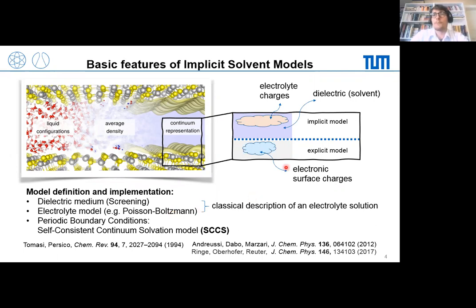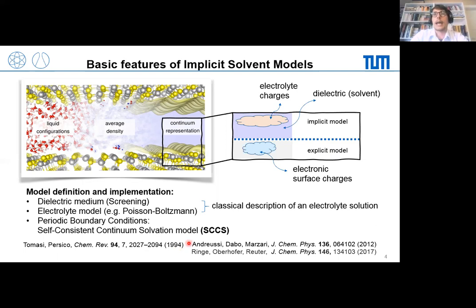Now, such quantum mechanical models coupled to continuum solvation models have been out there for a long time, especially for molecular quantum chemistry codes. But it has only recently been implemented, in a wide variety of codes, in codes that can treat solids, and in particular systems with periodic boundary conditions.